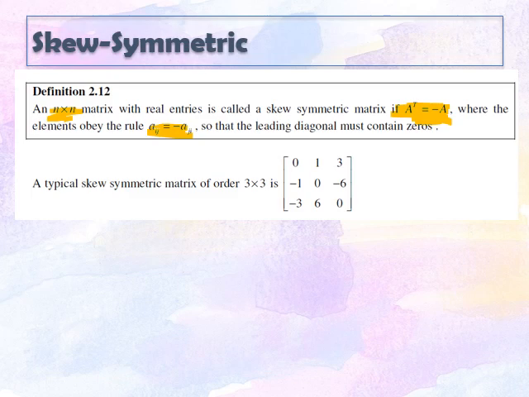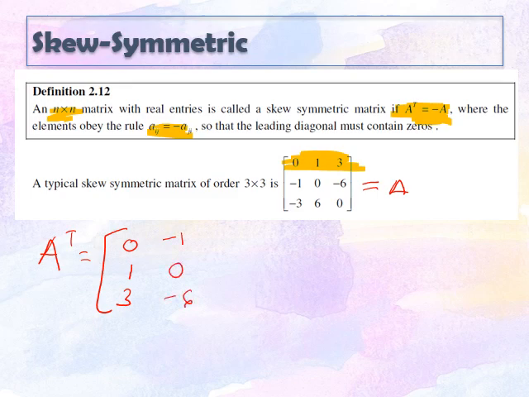For example, if you want to transpose this, let this matrix equal A. So A transpose is equal to 0, 1, 3, next is -1, 0, -6, and -3, 6, 0. Same thing here.